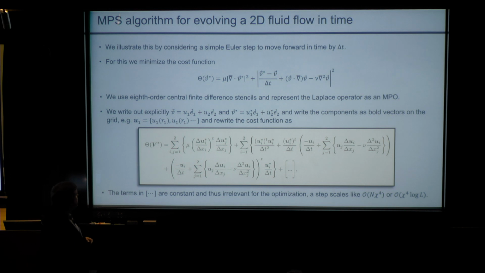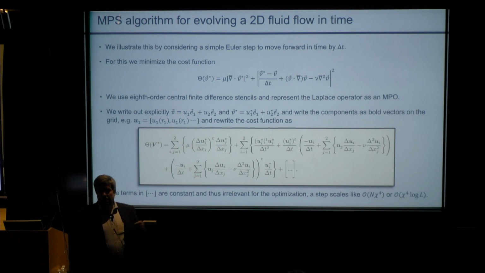And now, of course, if you look at this, this is just quadratic in v star. So this is a relatively simple optimization problem. In particular, we now write this velocity field in its components and write every component as a vector, and we can rewrite the cost function as shown here. And then we can turn this into a linear optimization problem, and then we do DMRG to solve it.